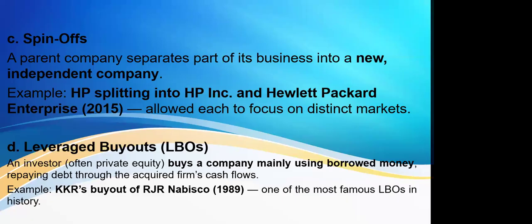You buy a company mainly using borrowed money, repaying debt through the acquired firm's cash flow. Borrowed means you have taken the loan or whatever. So example, KKR's buyout of RJR Nabisco. It is a very old case, but this is a good example.